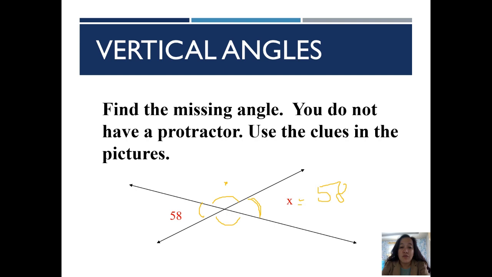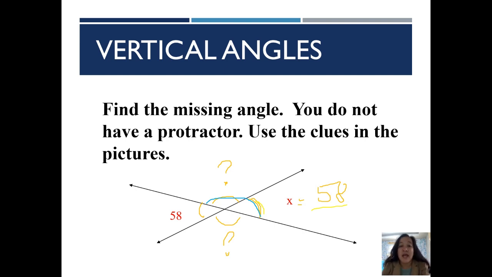Can you determine also what would be the measure of this given pair of vertical angles? Let us try. If this angle measures 58, this angle must be, exactly, we simply subtract 58 from 180 since these two angles are an example of supplementary angles, and supplementary angles measure 180 degrees.